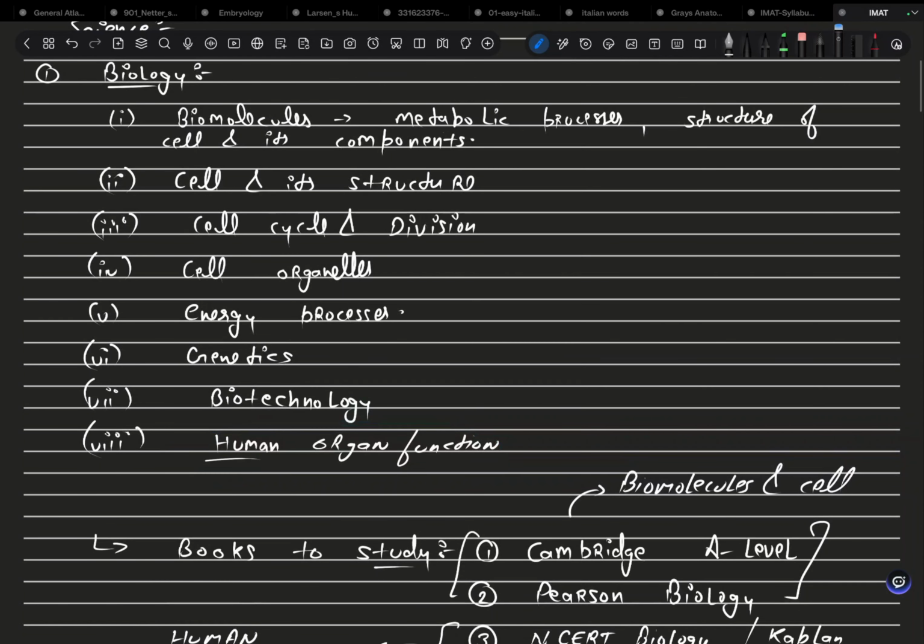Earlier, in 2024, there were a lot of questions from genetics. So the energy processes, genetics portion, and human organ functioning are all very important for the IMAT.